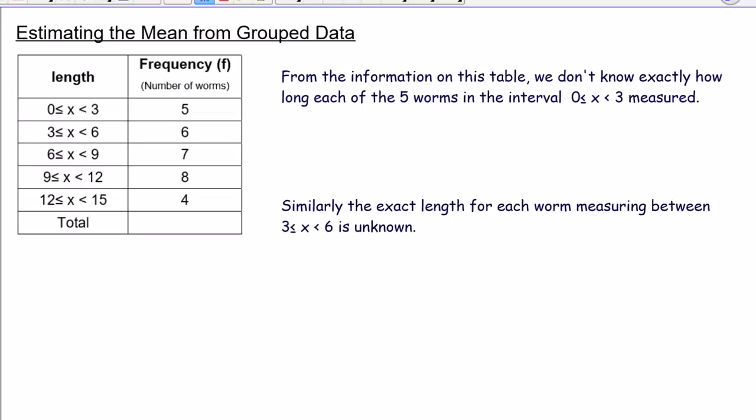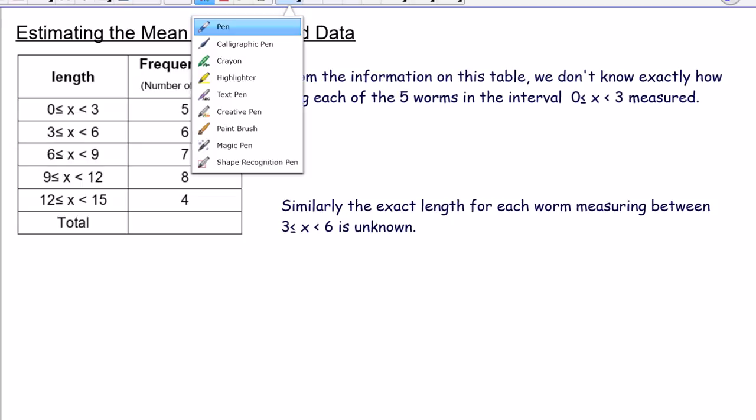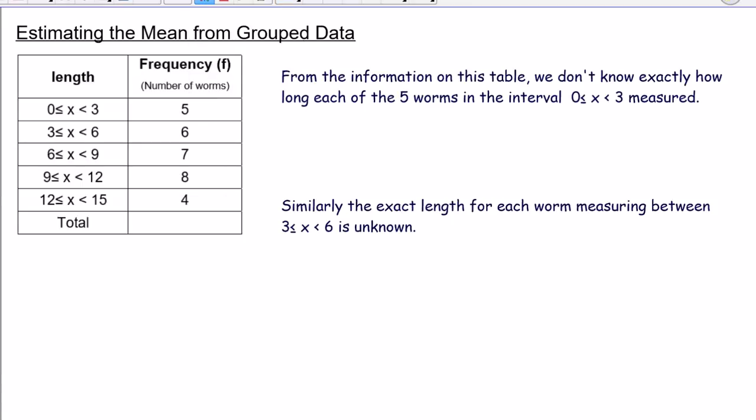All we know is that the number of worms that measured from 0 to 3 centimeters were 5 worms. So we can estimate that they measured on average 1.5 centimeters.